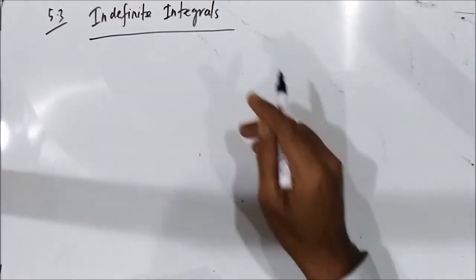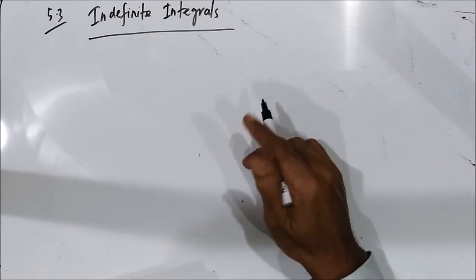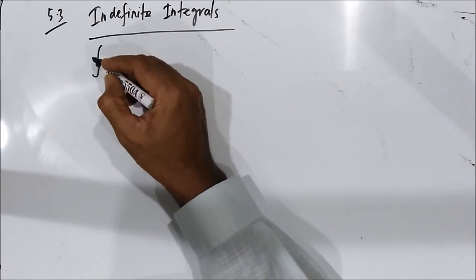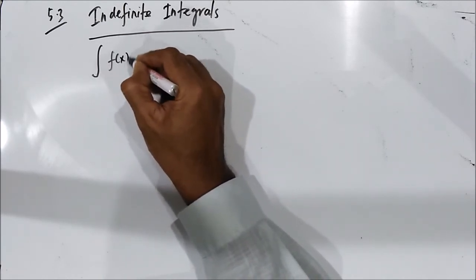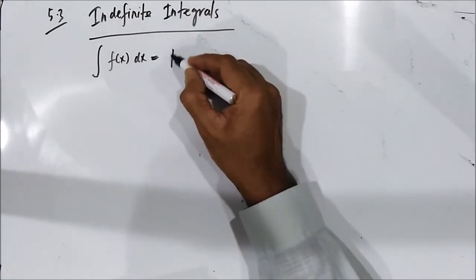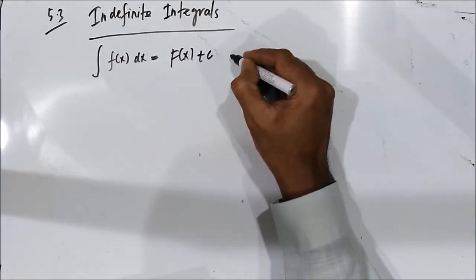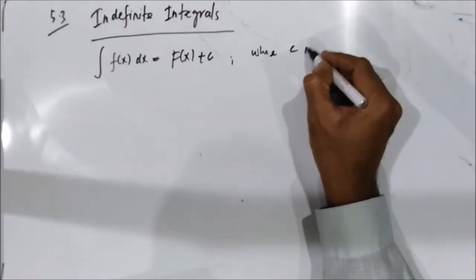So for the indefinite integral, we do not specify the limits. For example, if I integrate f(x) dx without a limit, I do not put a limit here, the answer is F(x) plus c, where c is a constant.